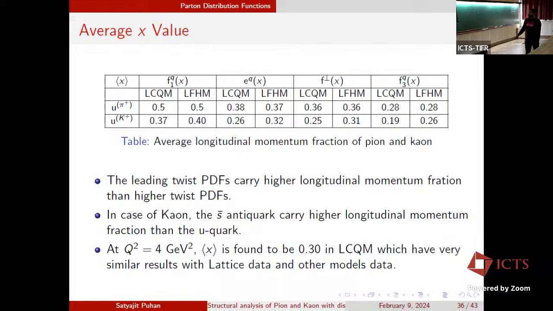And in the case of kaon, due to the heavy mass of the s quark, it carries a higher longitudinal momentum fraction than the u quark. We have also compared our data at different energy scales, that is 4 GeV square, 5.76 GeV square, 20 GeV square, with lattice data and other model data. They are found to be similar.